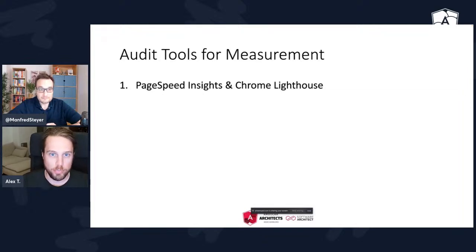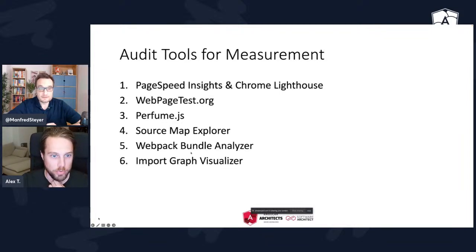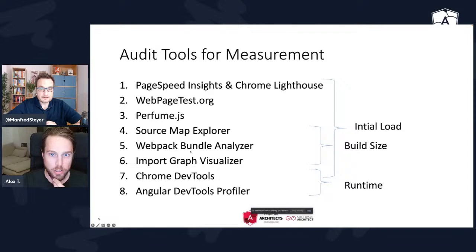Every website and every Angular application we can run this tool on. And then there are some other tools which we will not discuss today, but just to let you know, these are the tools I use when I do performance audits. Most of them focus on the initial load of a website, and this is also what we will focus on in this short little video today.